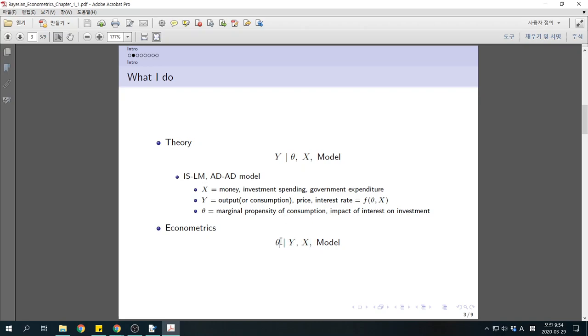Because this parameter determines the relation between y and x. We are going to estimate theta using the relation between y and x. By doing this, we are able to forecast future endogenous variables, so that we can make a very good decision.